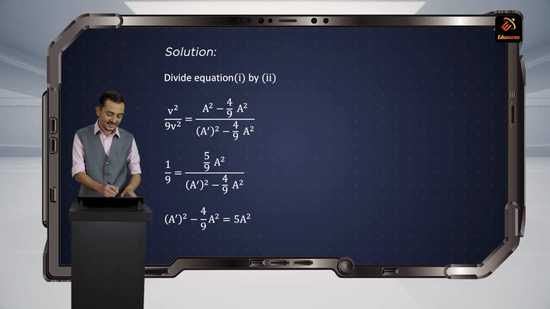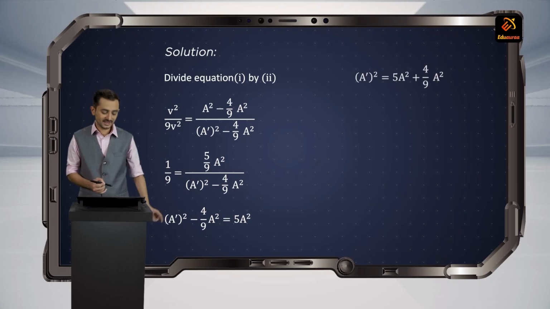Doing cross multiplication now, students. A dash square minus 4 by 9 times of a square will be equal to 5 times of a square. Simplifying further, we are getting A dash square will be equal to 5 times of a square plus 4 by 9 times of a square.